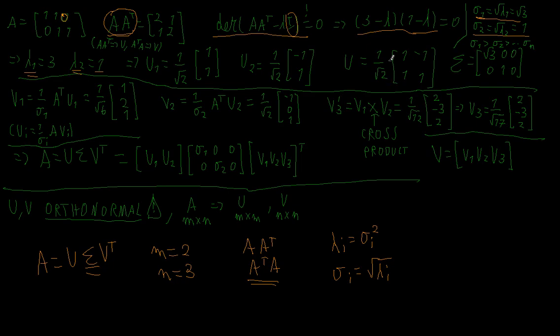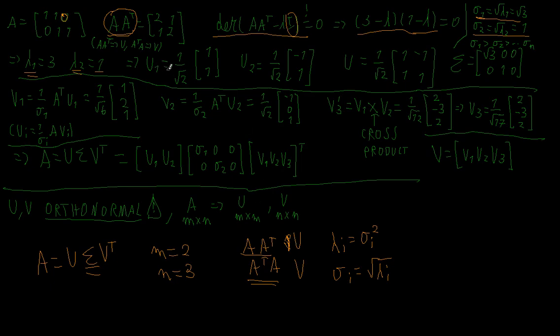And now I will find my eigenvectors U, because I have the matrix A times A transpose. If I had calculated A transpose A, I would find the eigenvectors V. Remember that for A times A transpose you find U, and for A transpose A you find V.